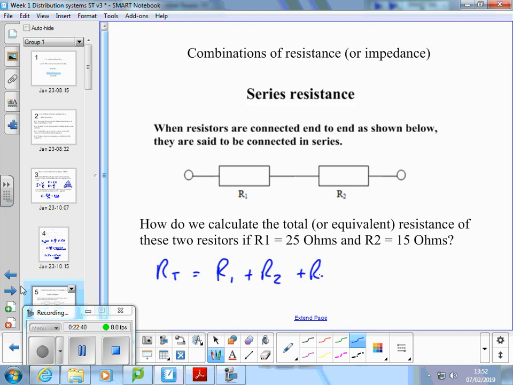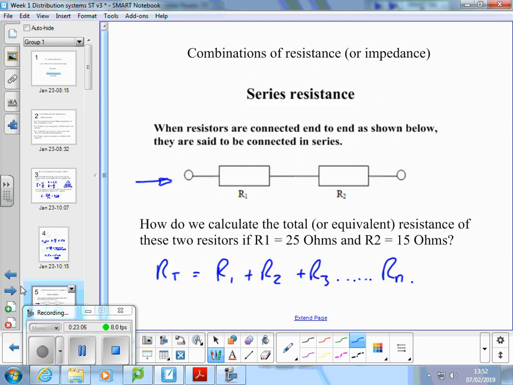And we can go on and say if there's a third, for any number, Rn of resistors, just add them all up. But they must all be in one long series. If you think about it, current trying to go in there has got to get over the resistance of that resistor, and then when it gets out the other side of that one, that's got the resistance of this one.